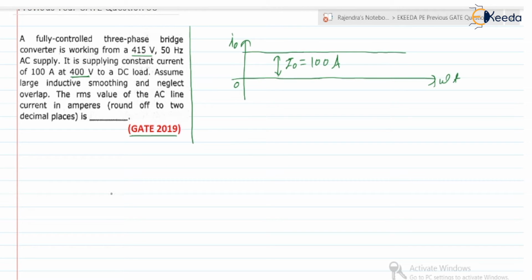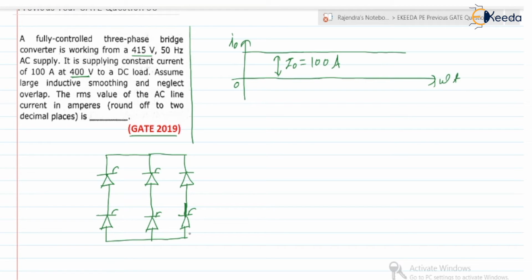So let us recall the circuit diagram. So suppose we are having 6 thyristors, and the input is 3 phase AC.